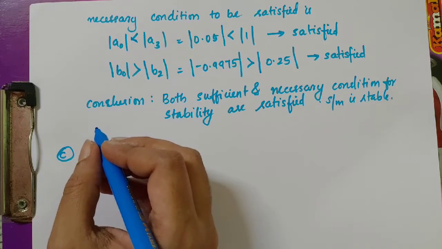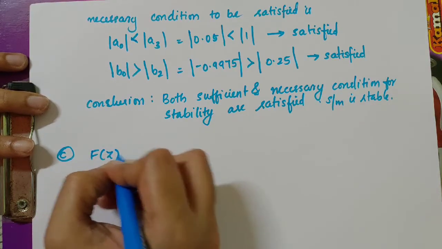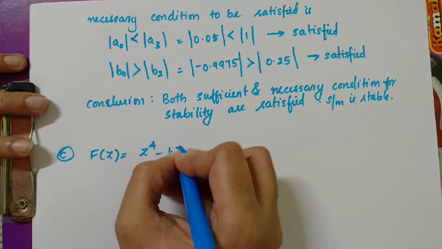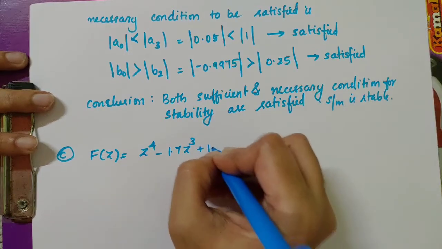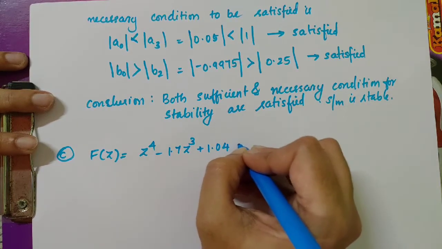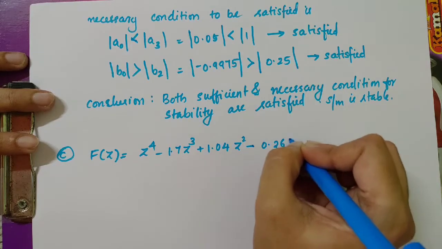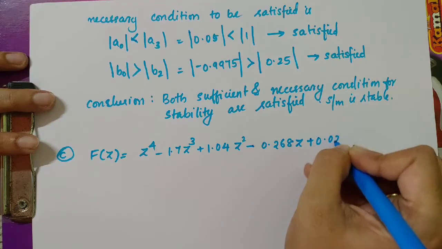Okay, that is f of z is equal to z raised to 4 minus 1.7 z cube plus 1.04 z square minus 0.268 z plus 0.024.